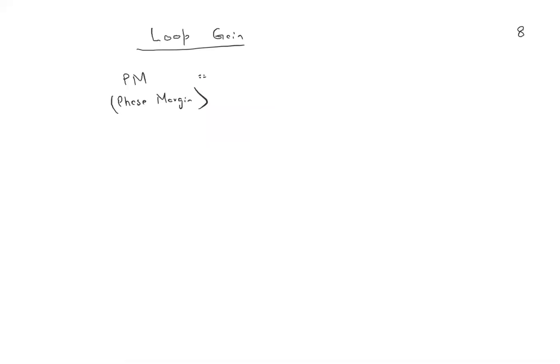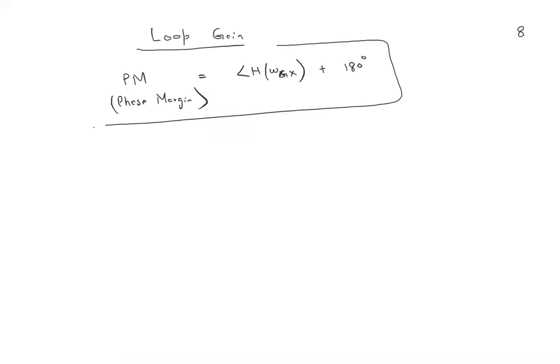But let me first define it. Phase margin is equal to h of the gain crossover frequency, plus 180 degree. Okay. So this is the definition of phase margin.